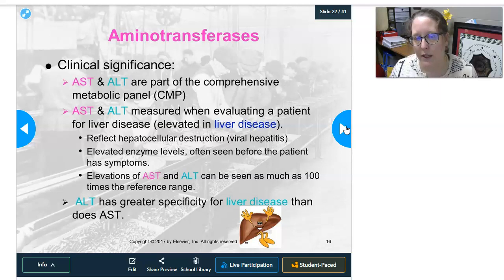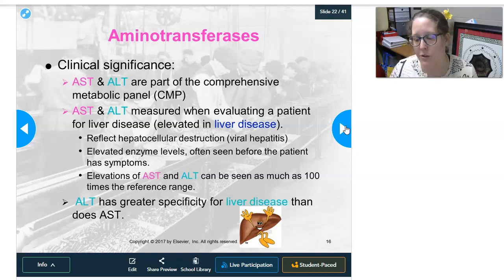That's because they are intracellular enzymes, so they're inside the cell, and they're largely present in the liver. And so if your liver cells, or hepatocytes, are being destroyed by a disease process such as viral hepatitis, those little hepatitis viruses are causing the hepatocytes to burst as they release the viruses.